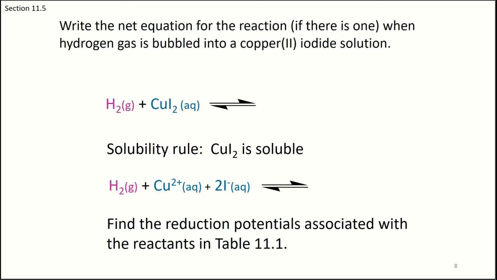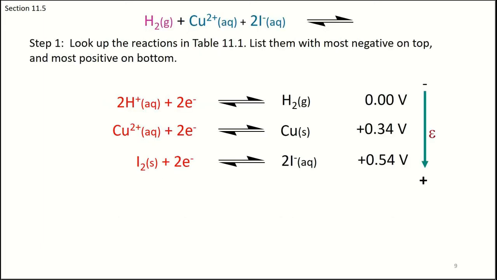Identifying those components, we now want to look at where they can be found in the reactions listed in the standard reduction potentials table. So doing that, we first encounter hydrogen gas. This is a potential of 0 volts.